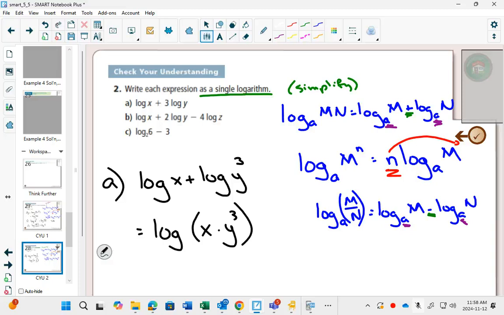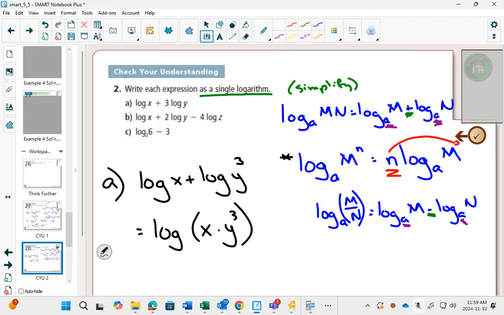So you're going to notice that when you're combining as a single logarithm, you are going to use this law first many times. Because in order to use the adding one or the subtracting one, the only way it works is if it's log minus log or log plus log. So if we have numbers in front, we often have to do that first.